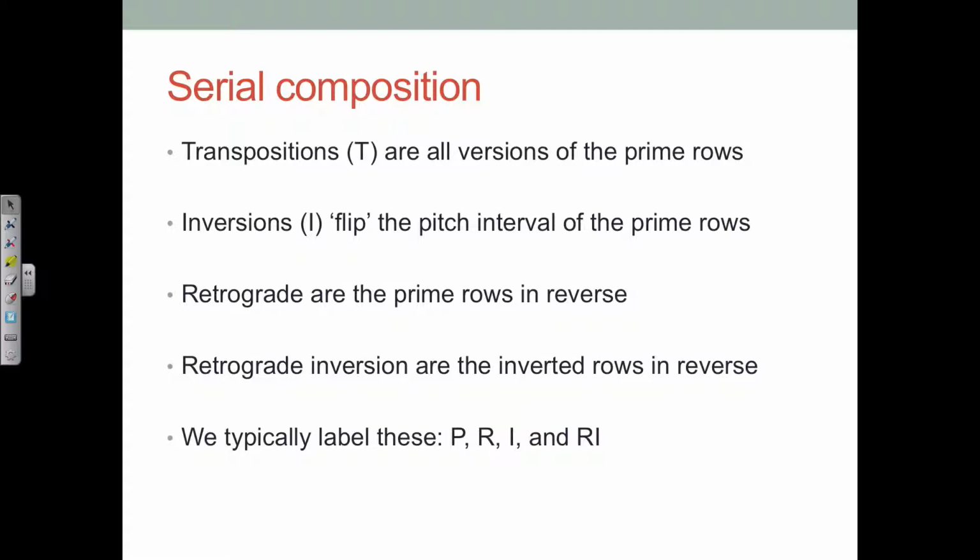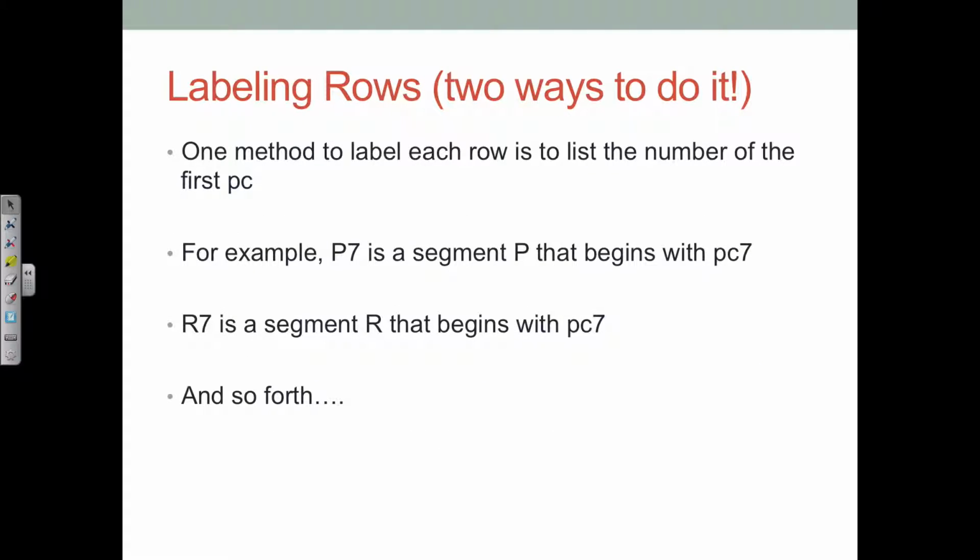So inversions are essentially those ordered segments where the pitch interval of the prime rows is the same, but flipped, or we just simply use the word inverted. Retrograde, same thing with the prime rows, we just hear them in reverse, and the retrograde inversion, here we have the inverted rows in reverse. And we label these P, R, I, and RI, standing for prime, retrograde, inversion, and retrograde inversion.